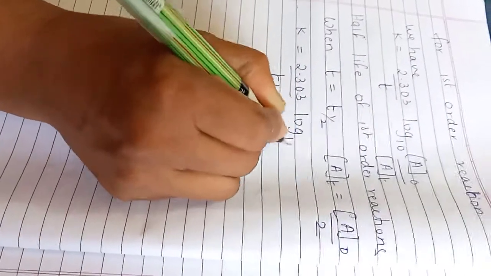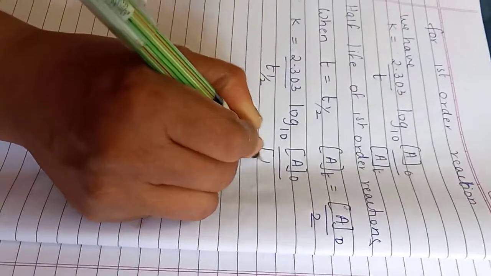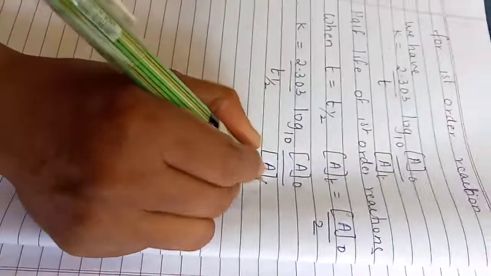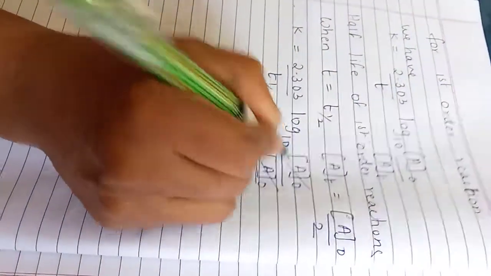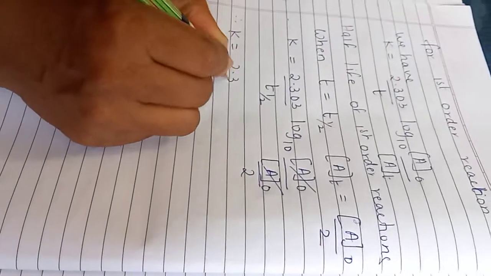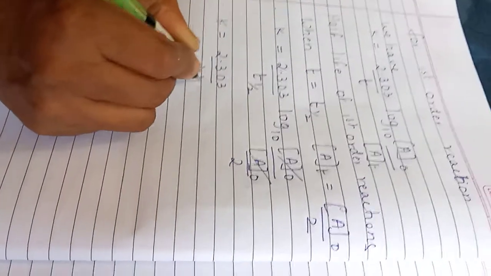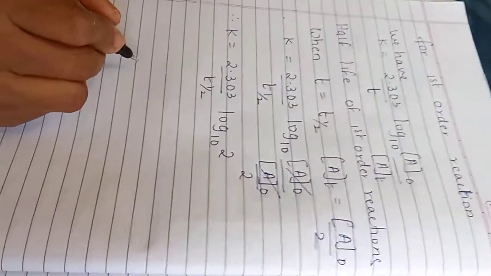Concentration of A at time 0 divided by concentration of A at time t, which is concentration of A at time 0 divided by 2. Okay, this gets cancelled here. Therefore, what do we get K as? 2.303 divided by t half log to the base 10, and 2 goes to the numerator.